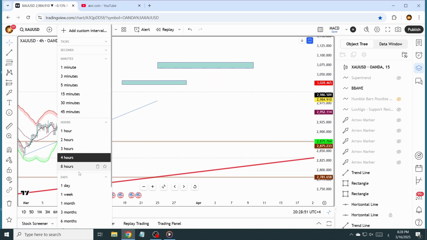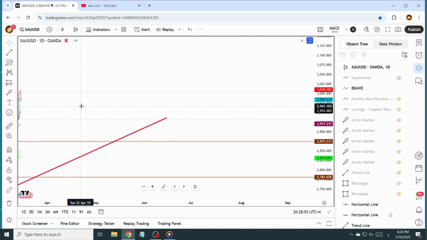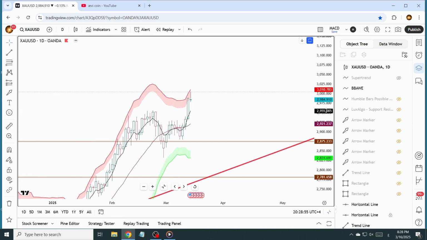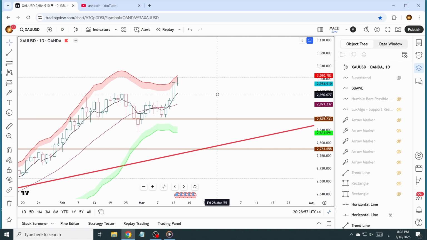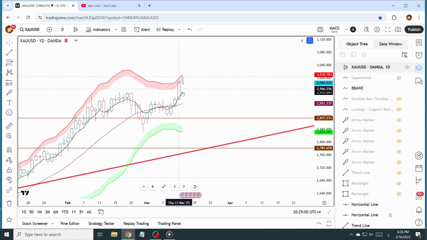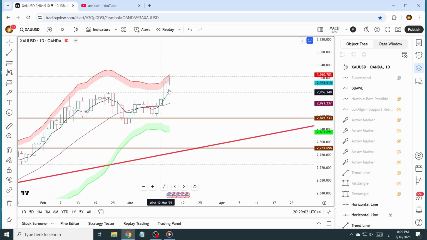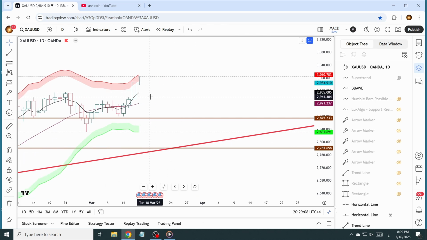Now, another point I would like to highlight, if we go to the daily, as we notice here, there is a doji candle and there is deviation between the price and the 5 EMA.